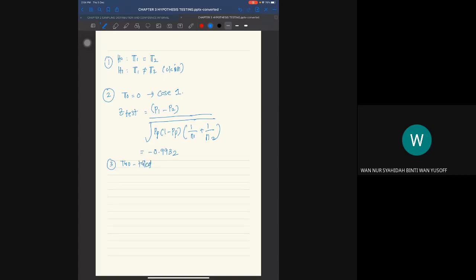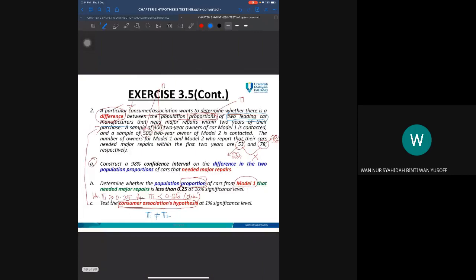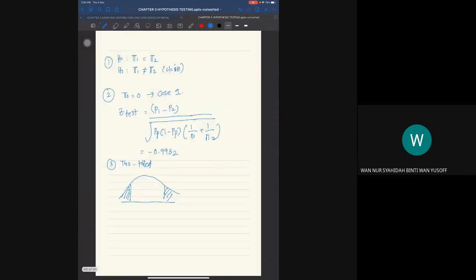Divide by 2. We have a Z test, so it will be the Z distribution. Alpha is 1%, divide by 2, 0.005. So 2.5758, and the lower critical value is negative.